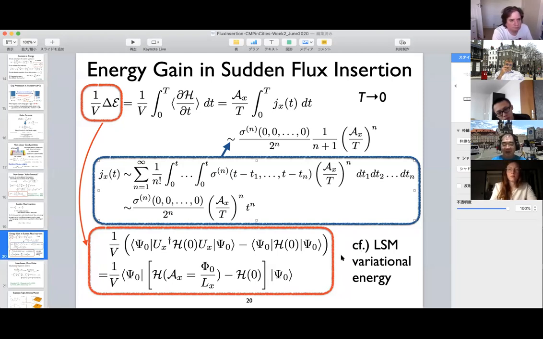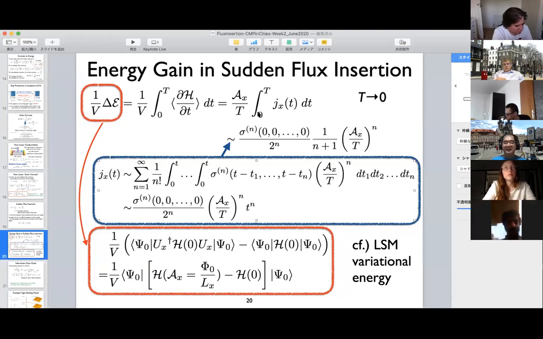But here, we can interpret this energy as energy increase caused by the sudden insertion of the flux. So again, you can equate these two sides and match order by order.